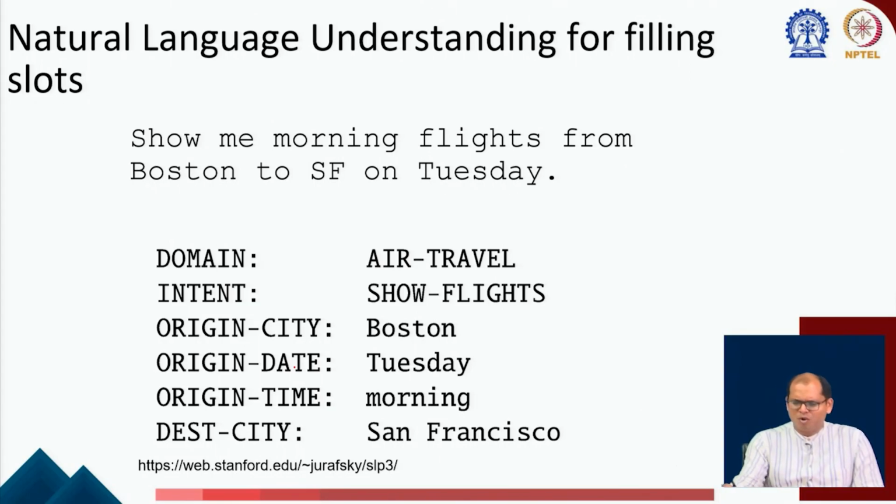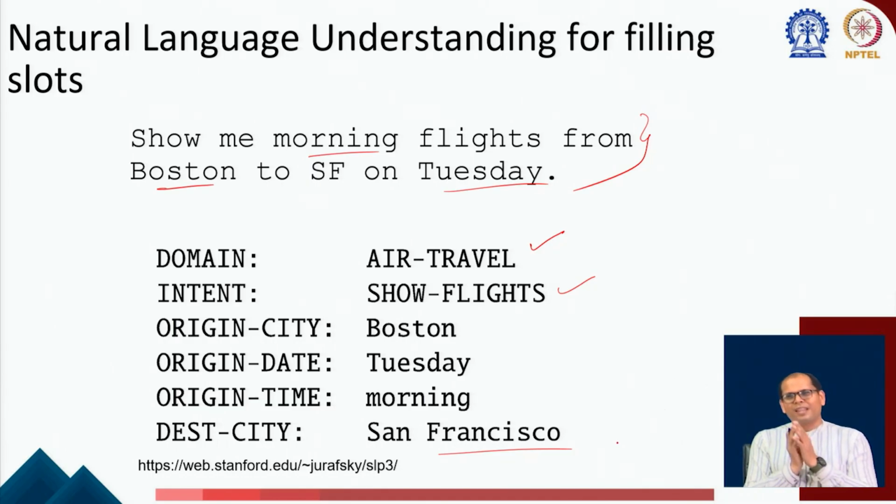Right, like here, "show me morning flights from Boston to San Francisco on Tuesday." That's the user query. So what you will do, you will find out what is the domain. The domain is air travel, the intent is show flights, the origin date is Tuesday, the origin time is also given, morning, and the destination city is San Francisco. So this is the classification you have to do, and that is what will decide what is the next task you are going to do.